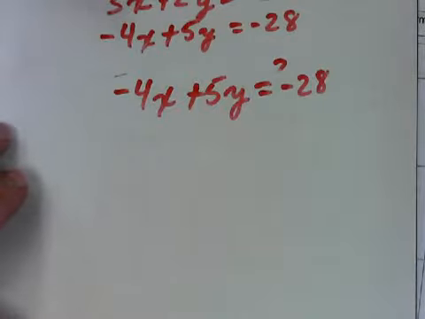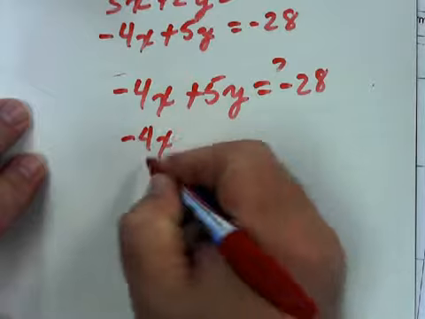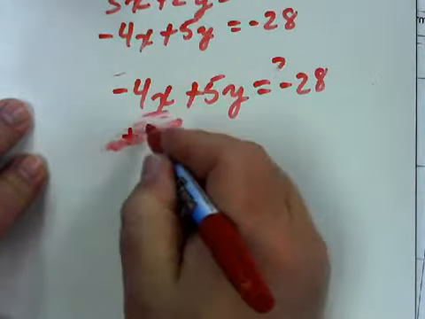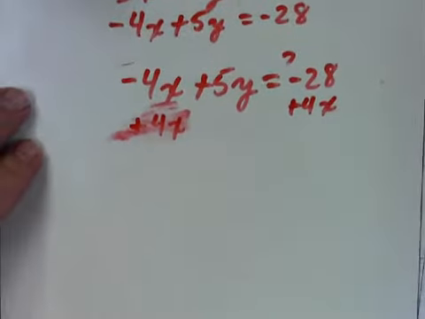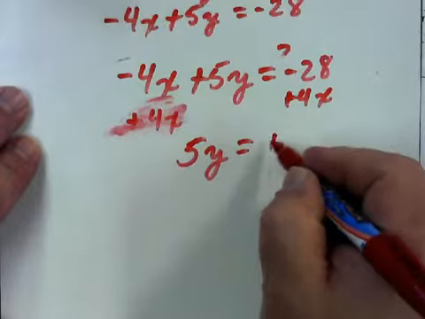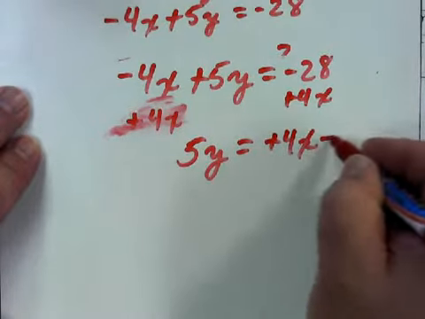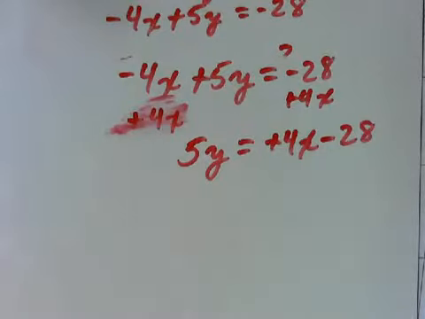Add 4x to both sides. So I'll do this one a little differently. I need 5y equals positive 4x minus 28, right? Now what? Divide by 5.